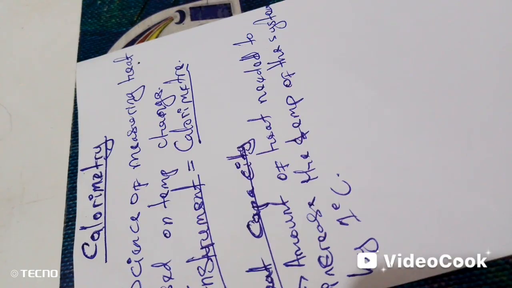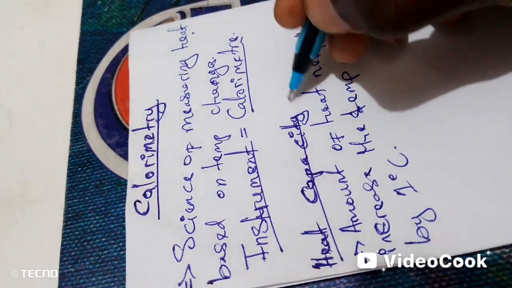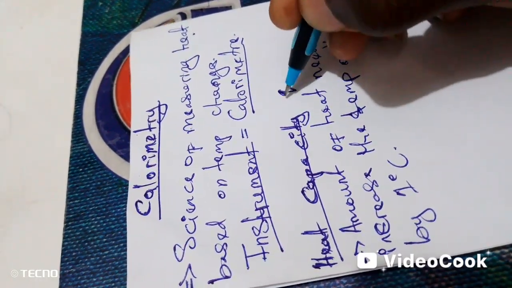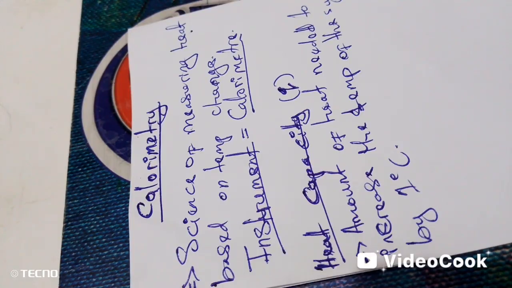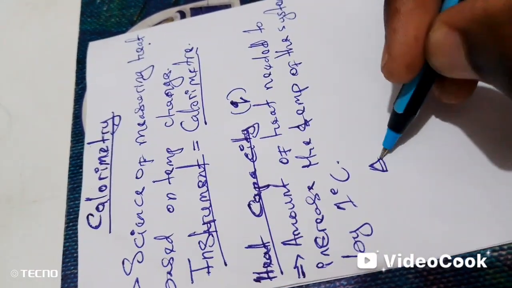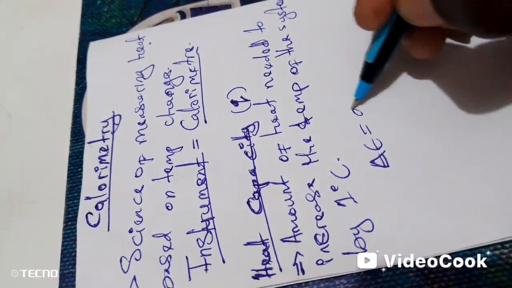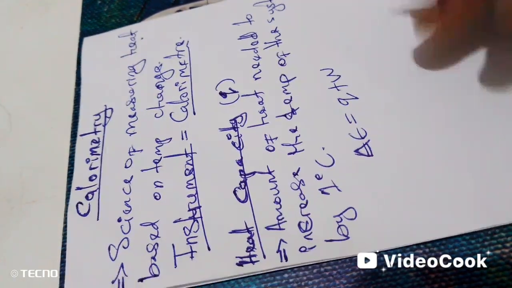Simple to define, simple to master. This heat capacity has the symbol Q, the same Q that we use when calculating internal energy. We say that internal energy is equal to Q plus W, the same Q. So that's heat capacity.